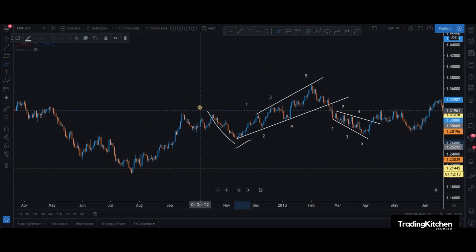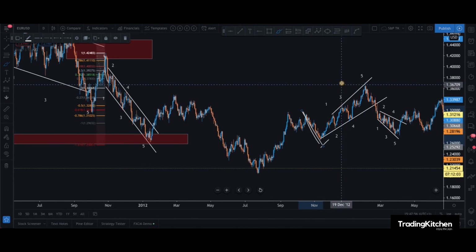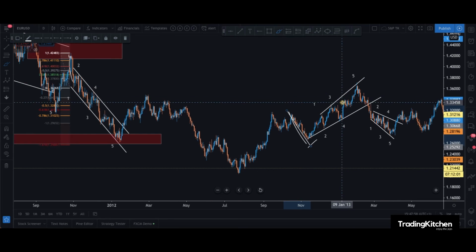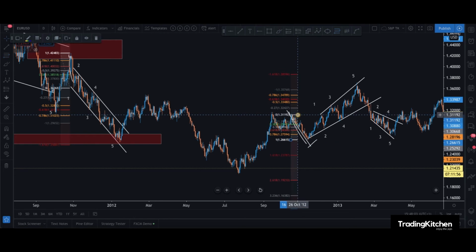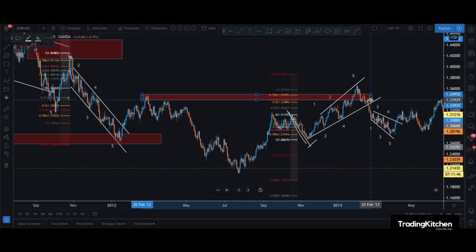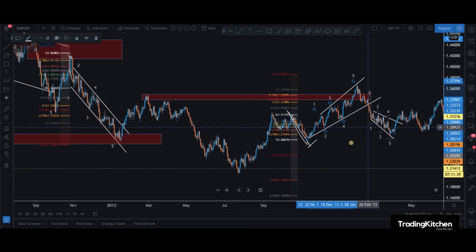In this case we have impulse down, channel up, so 0, 1, 2, 3, 4, 5. How do we know that 5 is here and not here? Because we take Fibonacci from 0 to 1 and we see that it could be here also, and this is a good structure as well, so maybe this one could be the stop loss, but no problem, it happens.